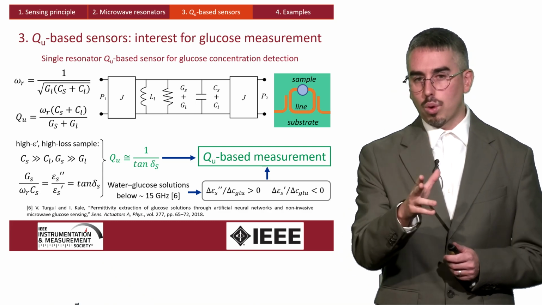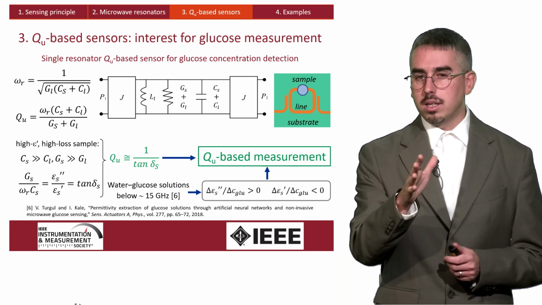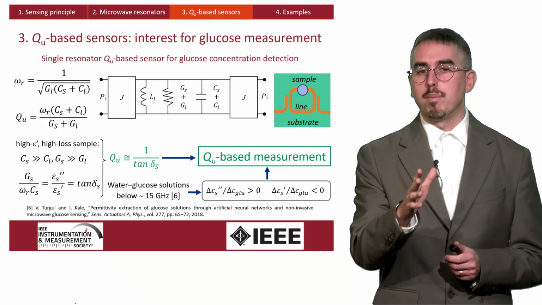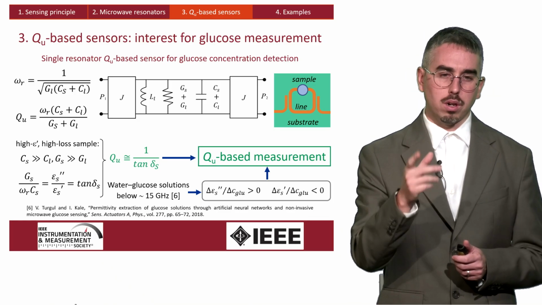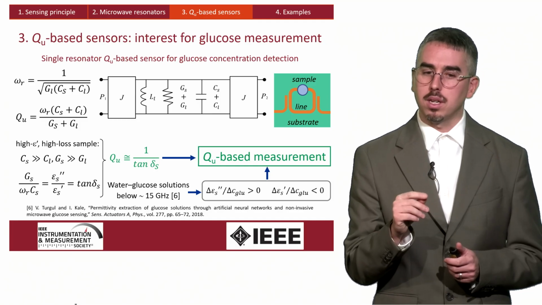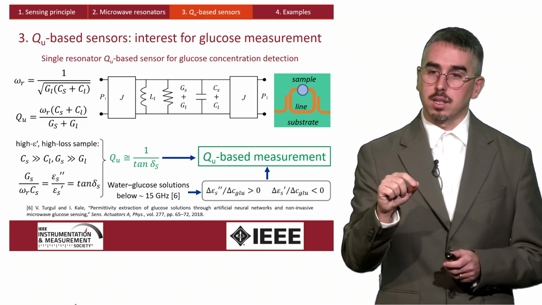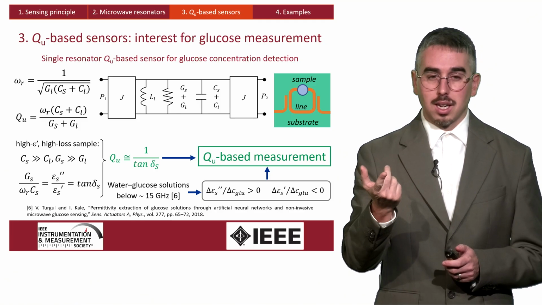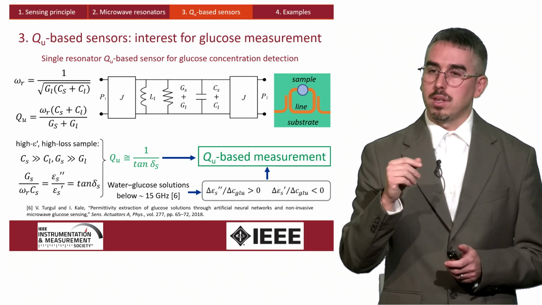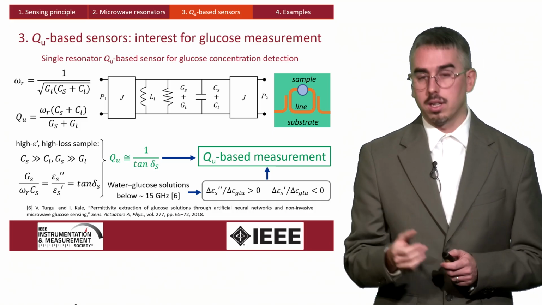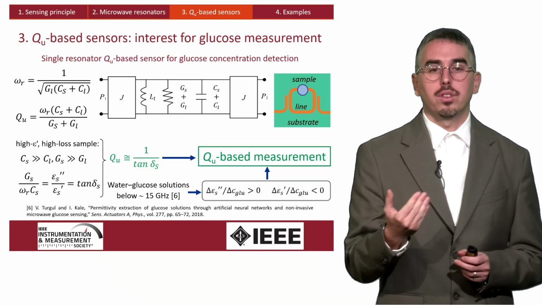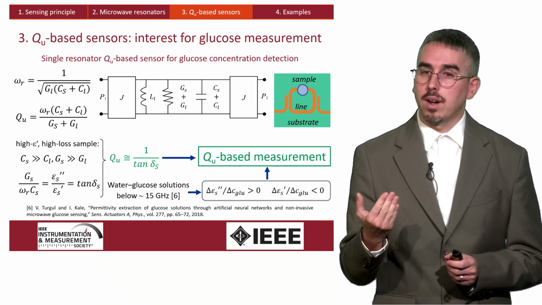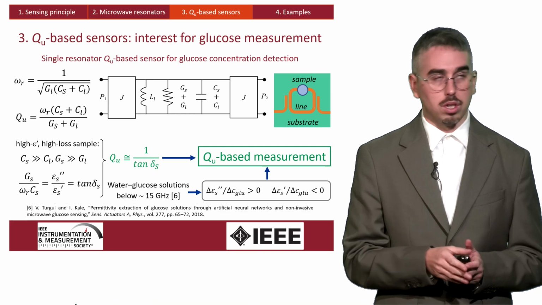Being the unloaded quality factor directly related to the loss tangent of the sample, and being the loss tangent of the sample defined as the quotient between the imaginary part and the real part of the permittivity, when we have opposite trends in the imaginary part and the real part of the permittivity, the change of the loss tangent of the sample is even more noticeable, and therefore the changes in the unloaded quality factor of the resonator will be even more noticeable.